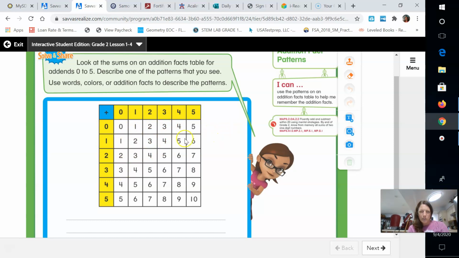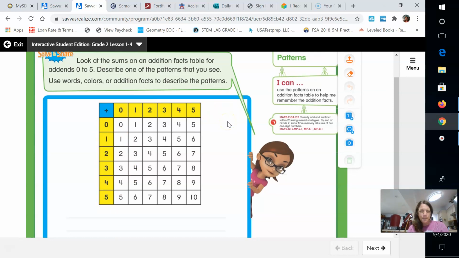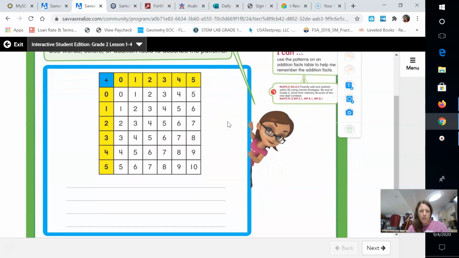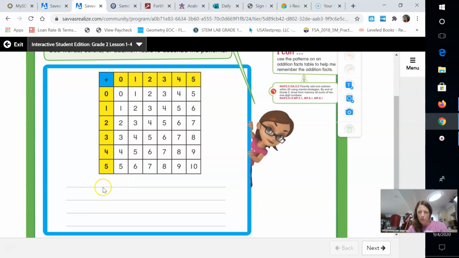So our sums, these are all the sums, are making a pattern. And then the addends are going up by 1 this way and up by 1 this way. So you can write that however you, whatever you see or whatever pattern you saw, you can write that down here.